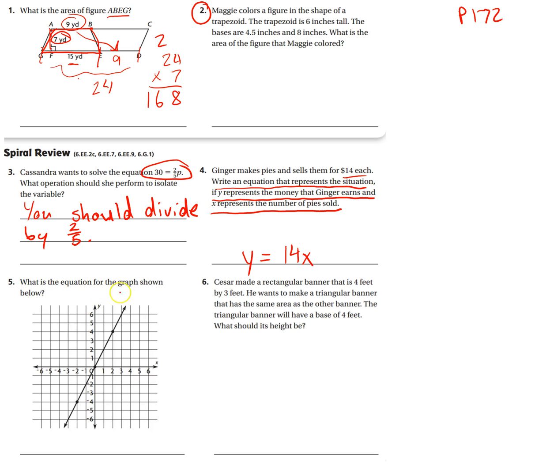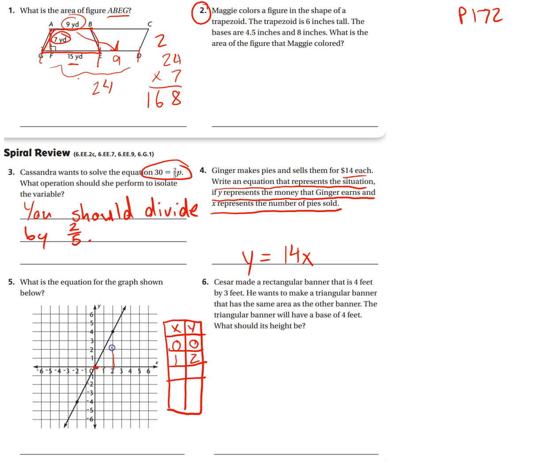Okay, number 5, what is the equation for the graph shown below? So in these situations, it's best to draw an input-output chart, so your x and your y. When x is 0, y is also 0. When x is 1, y is 2.